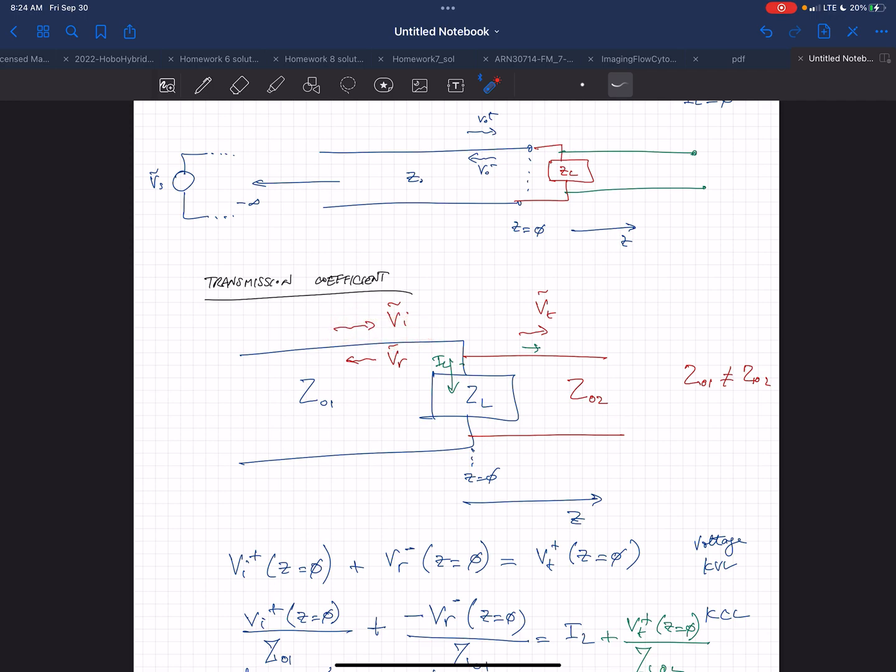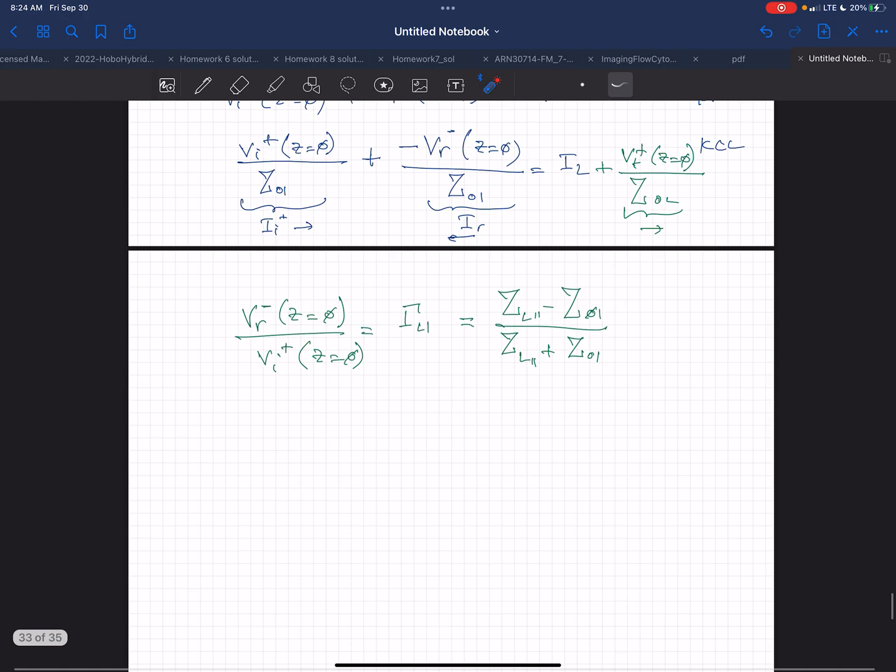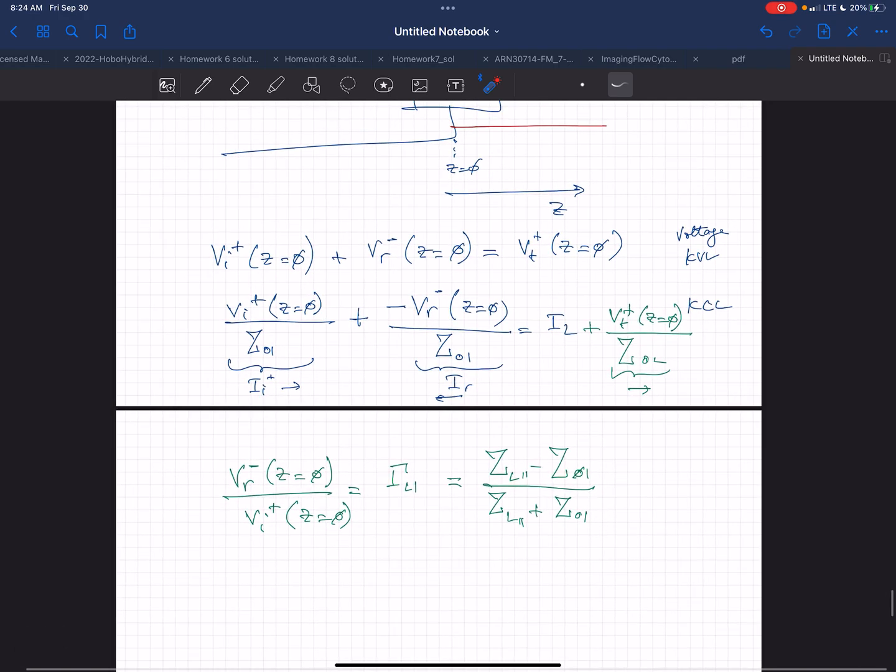Claire, you good with that? Okay, sorry. When VR is being reflected, does it have the same phase as the V incident? You would have to add them to know. It's not going to have the same phase, no. Not necessarily.